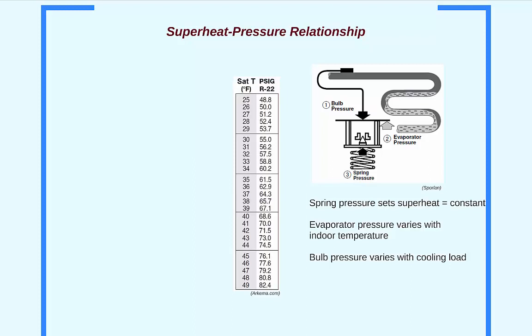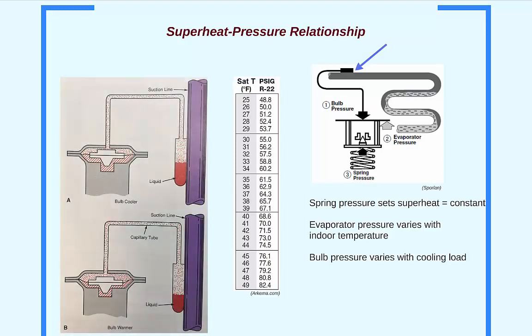The sensing bulb is installed at the end of the evaporator coil after refrigerant has evaporated into a vapor. In the image to the right, the darker colored portion of the evaporator represents vapor and the lighter color represents liquid. The bulb is sensing the temperature of the refrigerant at this point. Inside the bulb is a small amount of refrigerant called the thermostatic charge. The thermostatic charge can be a variety of substances, but in this example we will assume it is R22.